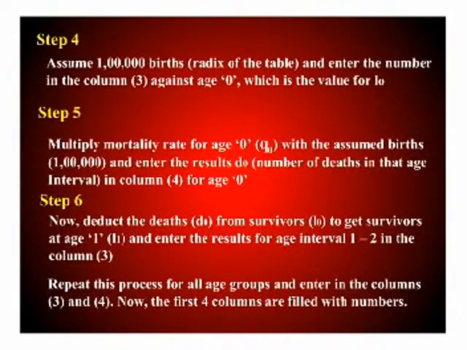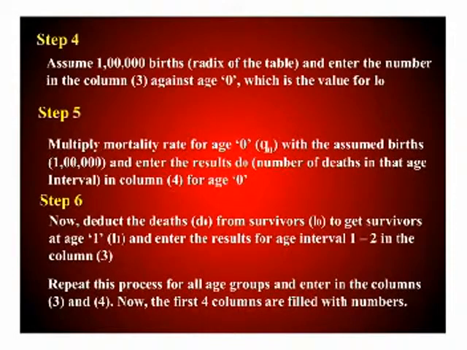Step 4, assume 100,000 births, which is the radix of the table, and enter the number against age 0, which is the value for small l0. Step 5, multiply the mortality rate of age 0 with the assumed births, that is 100,000, and enter the result, that is d0, in other words the number of deaths in the age interval 0 to 1, in column 4 for age 0.